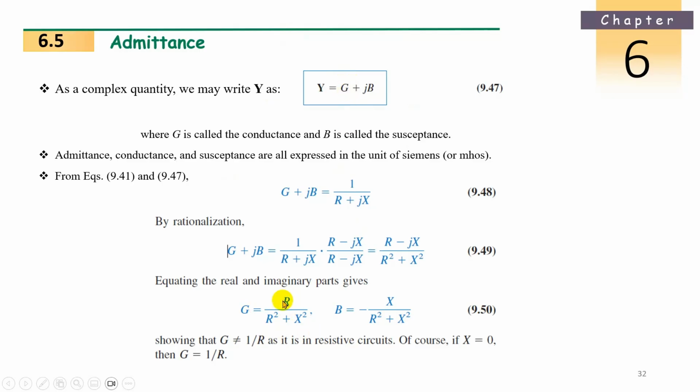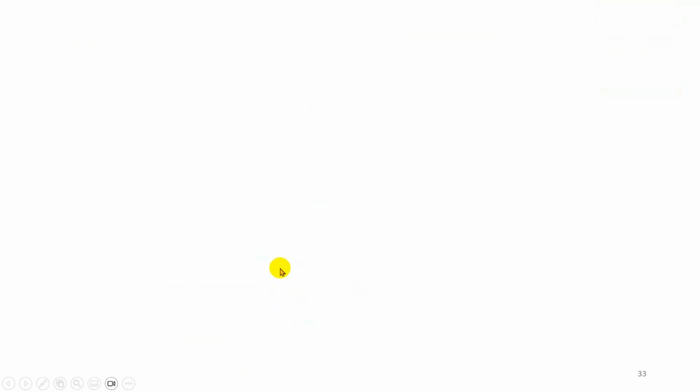G is R divided by (R squared plus X squared), and it is related to the other parts also. If X is equal to 0, that is, there is no inductance and capacitance, then the X term will be 0, and R by R squared is nothing but 1 by R only. So you can remember it like this.